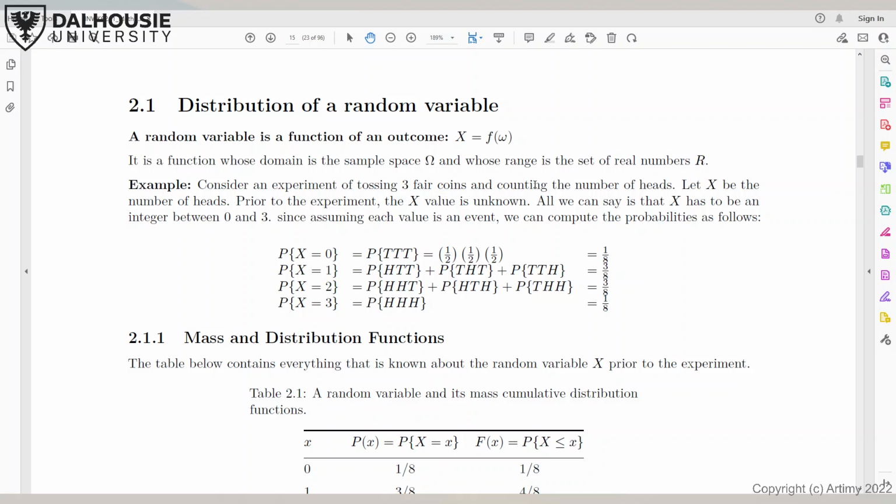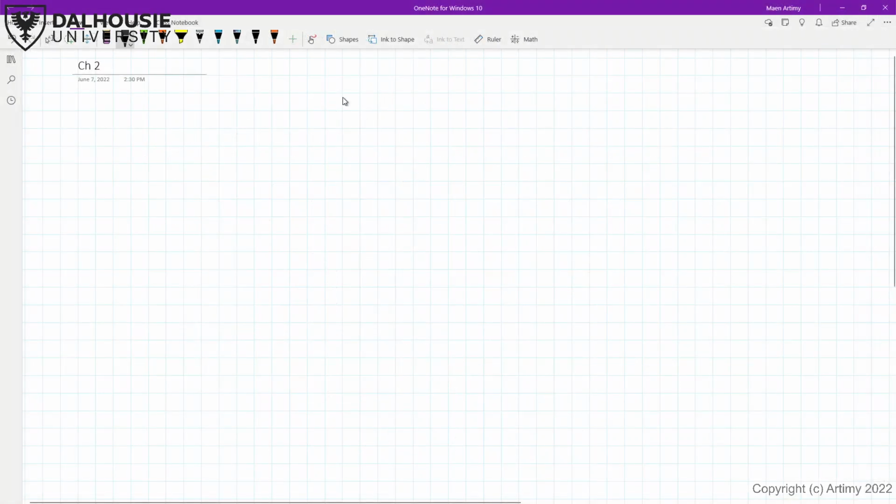If two events are disjoint, we can add them without considering the intersection between them. If they are independent, then we can calculate the intersection by multiplying the probabilities.